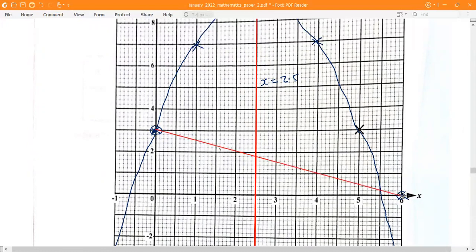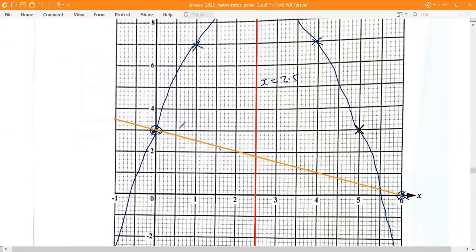Let's extend the straight line. Let us use that orange color.